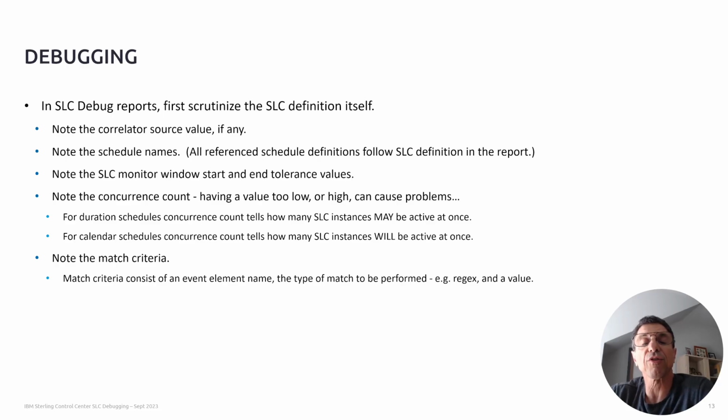Maybe on one milestone it's the destination file name, and on the other milestone it's the source file name. I don't know. It's in your SLC definition. Note the schedule names for your SLC. Note the monitor window start and end tolerance values. Note the concurrence count. And definitely note down the match criteria.